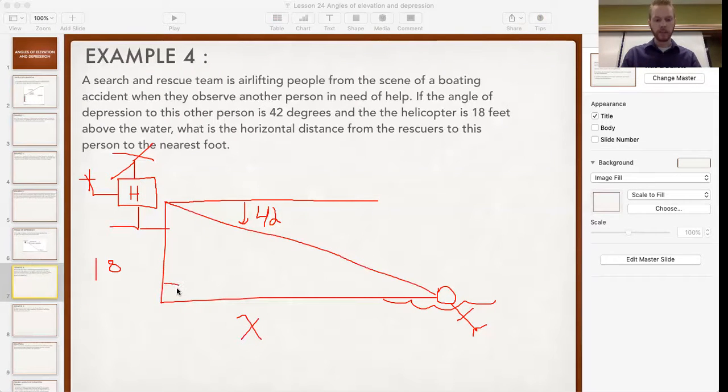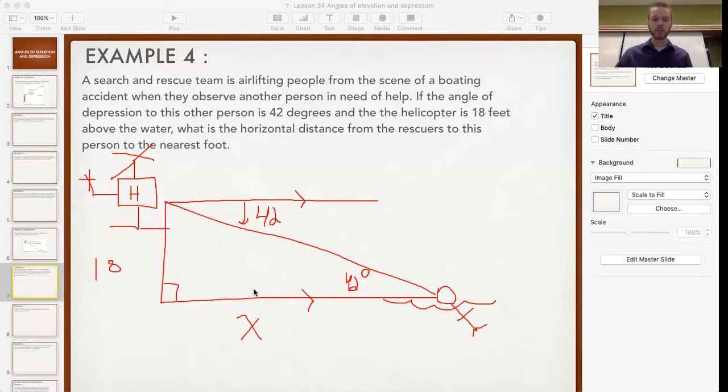So this is a right angle, right? Perpendicular to the water, the height for that. Now remember, the horizontal line of the pilot or the helicopter is parallel to the water, okay? So if that's the case, this guy must be 42 degrees here. It almost looks like an angle of elevation problem, right?